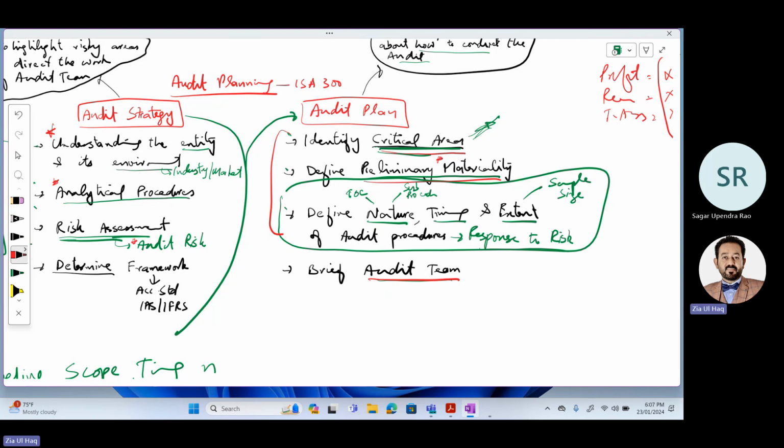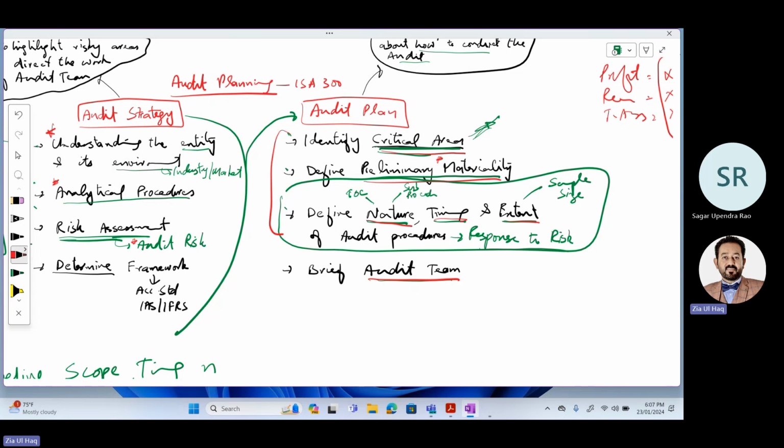We also define for each account balance what kind of procedure they have to perform, either test of control or substantive procedure, when they have to perform it, after year end or before year end, and the extent, meaning how many transactions they have to verify, the sample size of audit testing. If the audit team works as per the defined audit plan, the audit will be completed on a quality basis, within time and within cost.